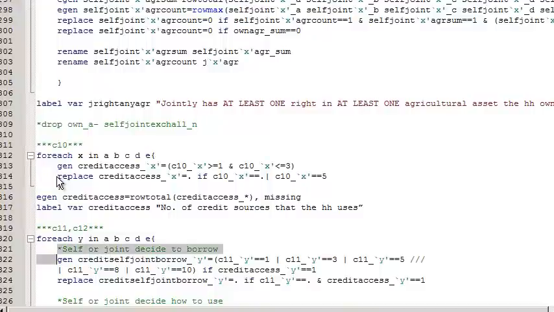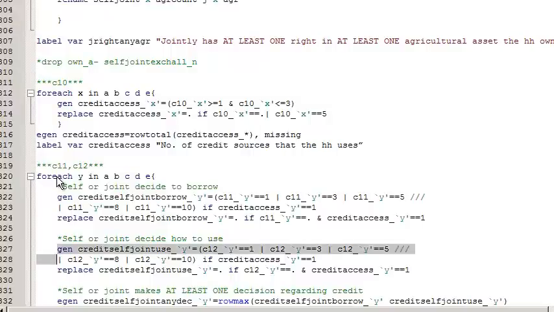Then, based on question C11, we create the indicator credit self-joint borrow Y. Here Y refers to the source of credit. Credit self-joint borrow Y is equal to 1 if the household used the source of credit Y, not X, and the individual has at least jointly the right to borrow from that source of credit.